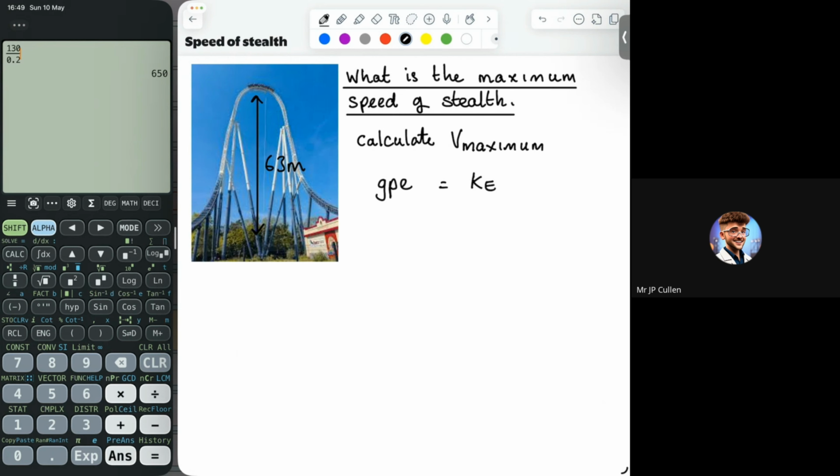The reason why this is useful for us is because the equation for gravitational potential energy is m times g times h, the mass of the object multiplied by the gravitational field strength times the height. And the kinetic energy is a half times the mass times the speed squared.